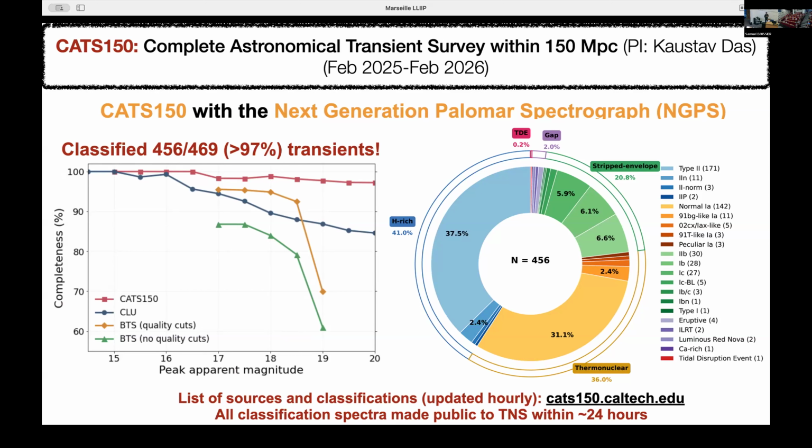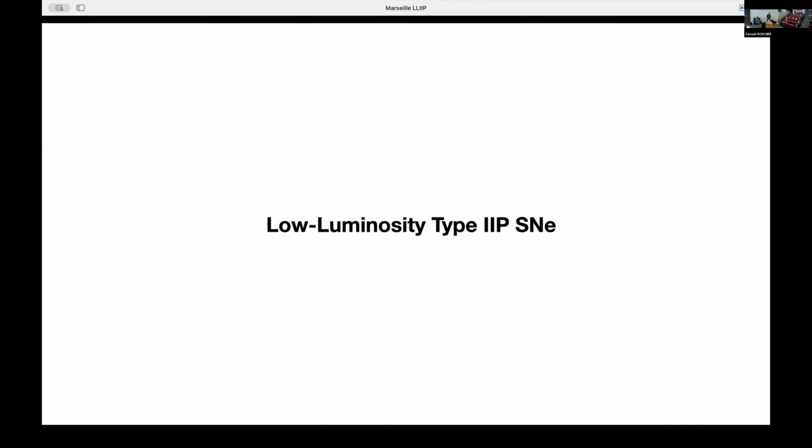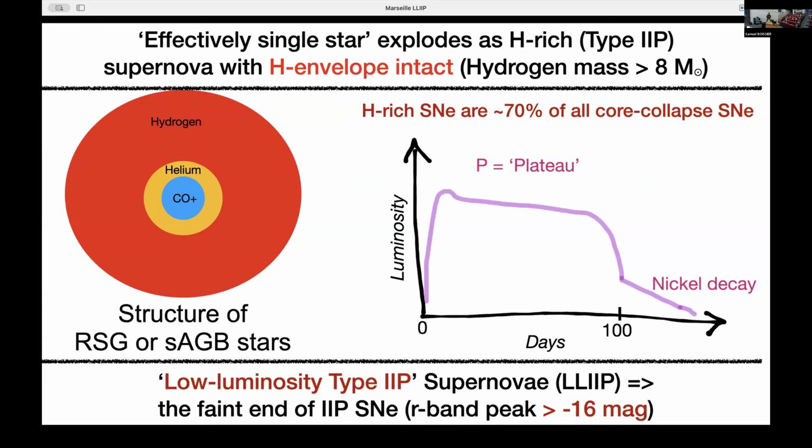As you can see, most of the supernovae that we have in a volume limited survey are usually this class of hydrogen-rich supernovae, which should be the focus. So I'll mainly be focusing on low luminosity type 2P supernovae, but all the papers talk about all type 2P supernovae across these volume limited surveys.